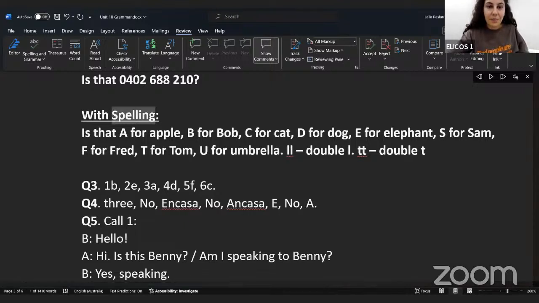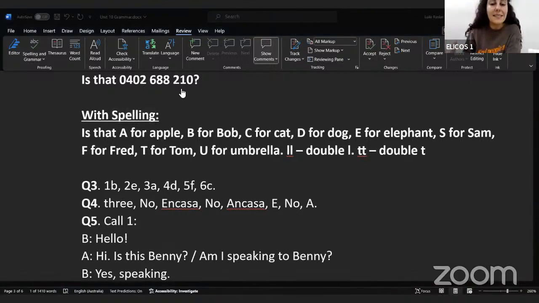Okay, so now we're going to look at some conversations, ways to check when you don't understand someone. Maybe they gave me a number, a date, or a location, and I have to make sure I can check.